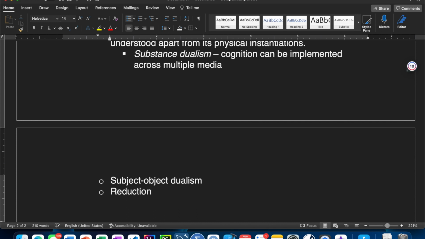Another way to identify cognitivist approaches is by how they handle reductionism, right? So this is how we start to move then from a specific set of cases to something more general, right?